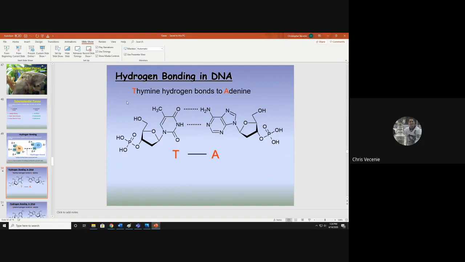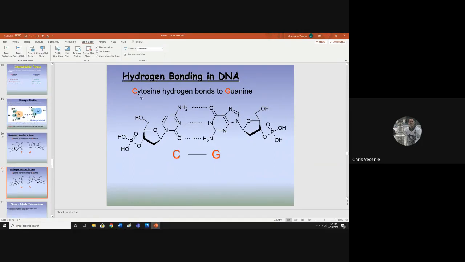Mrs. Sherry taught you about. If we looked at another one, you get CG base pairs, cytosines with guanines, and this one's actually a stronger connection because it has a third hydrogen bond.